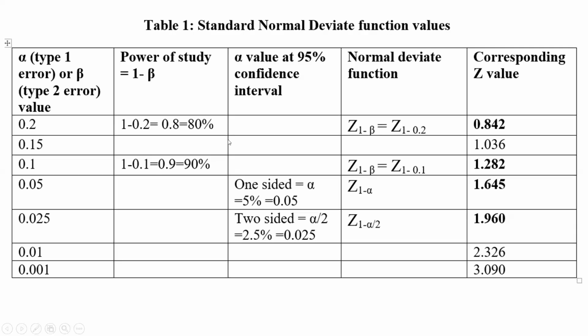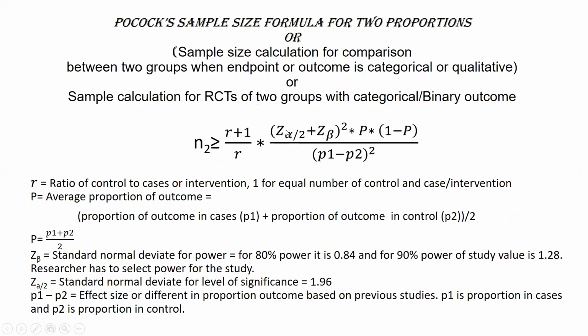We have this R value. We have Z alpha by 2 value 1.96 plus 0.84, that is Z beta, and then it is a square. Then multiply by P, which is 0.4, multiplied by 1 minus 0.4, which becomes 0.6, divided by P1 minus P2 square, which we have already calculated.